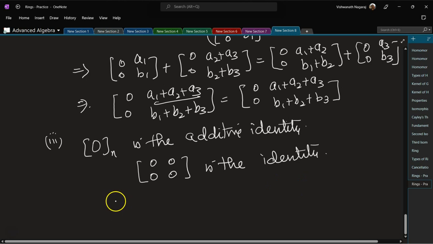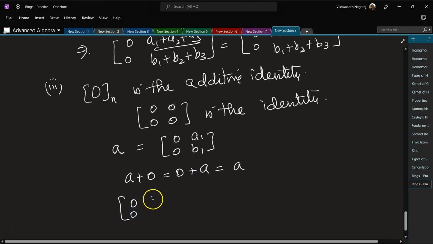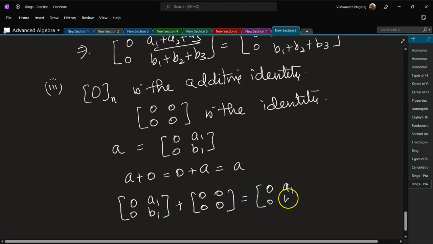How do we show this? Let A is equal to [0 0; a1 b1]. So A plus 0 is equal to 0 plus A is equal to A. So [0 0; a1 b1] plus [0 0; 0 0] is equal to [0 0; a1 b1], and this belongs to R.